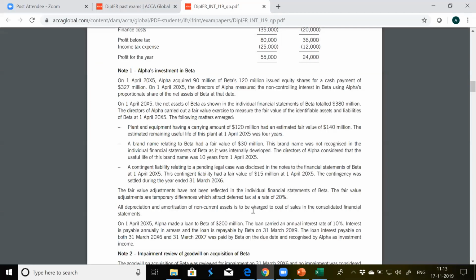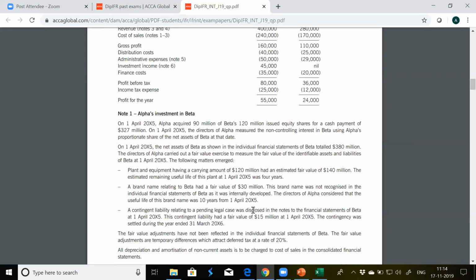How much is the net assets on date of balance sheet? This was acquired at the beginning of 1st April 2005. We are preparing financial statements of 31st March 2007. It was acquired in 2005.